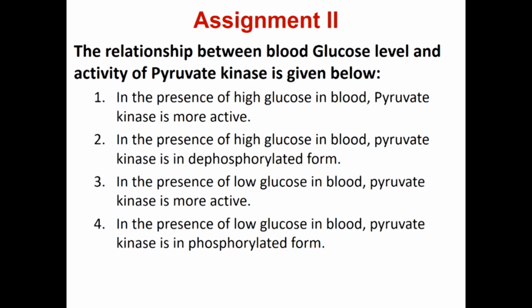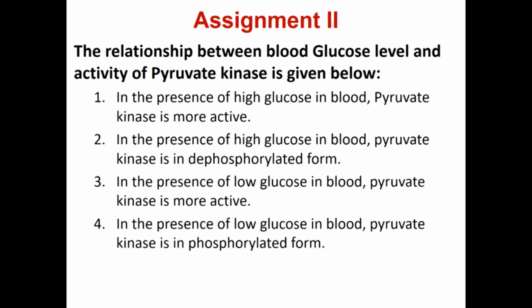In my lecture on the regulation of glycolysis through covalent modification, I took pyruvate kinase as an example. When it is in the phosphorylated form, it is less active. When it is in the native form, it is more active.